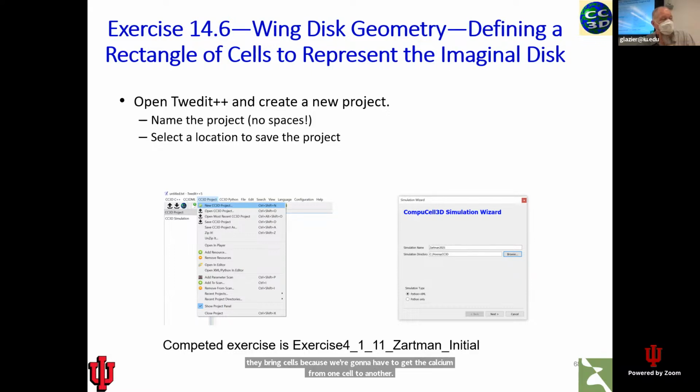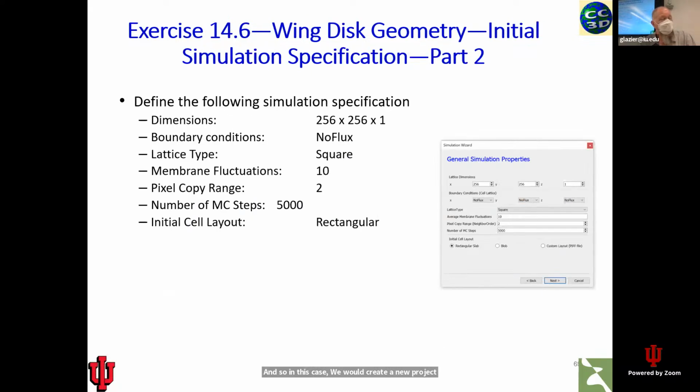And so in this case, we would create a new project. We'd create a simulation of 256 by 256. In this case, we don't want periodic boundary conditions. We use that fluctuation amplitude 10. I like pixel copy range of 2.